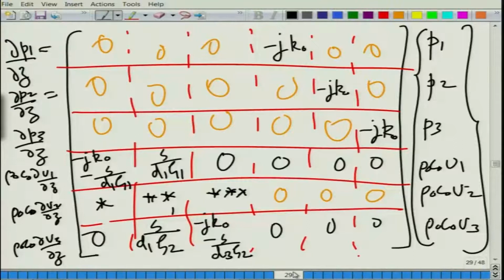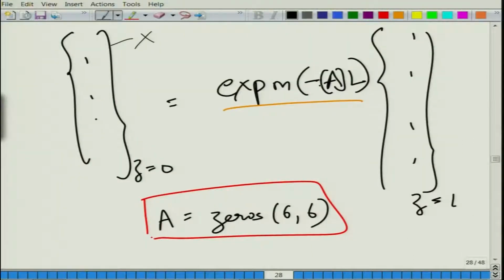Eventually we need to integrate this and get it in this form, and once we have this kind of a thing, we can call this a T matrix. Okay, T matrix. So, T is equal to x e to the power minus a into L, where a is a matrix. So, what we will do now is that we will directly go to MATLAB and have some fun with our scripts. Well, it is fun for me, so I am saying so.